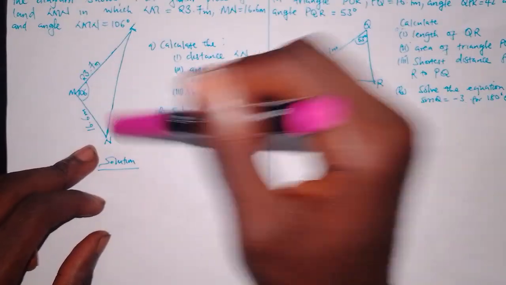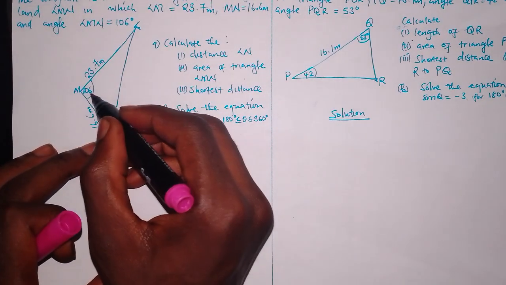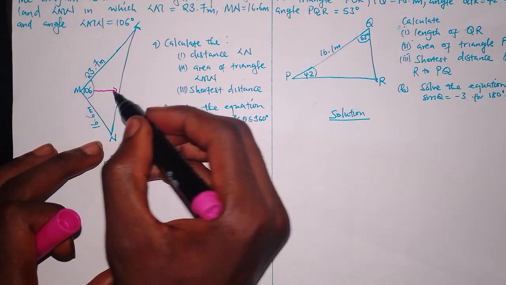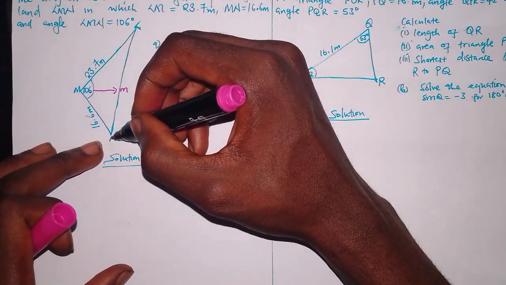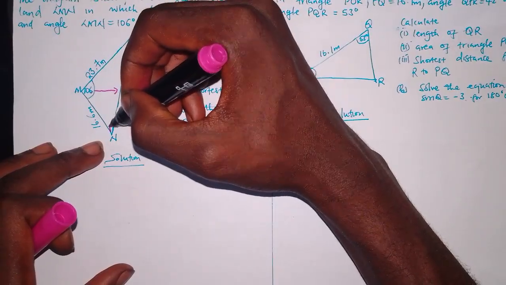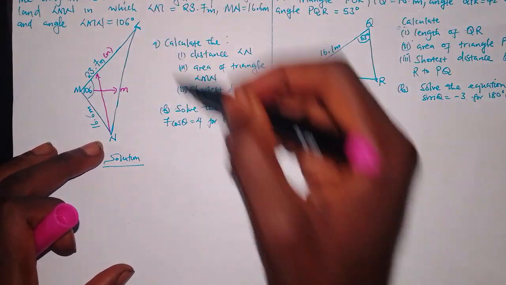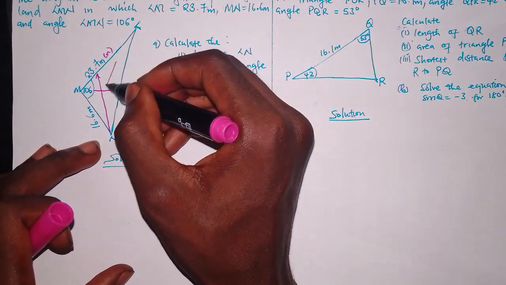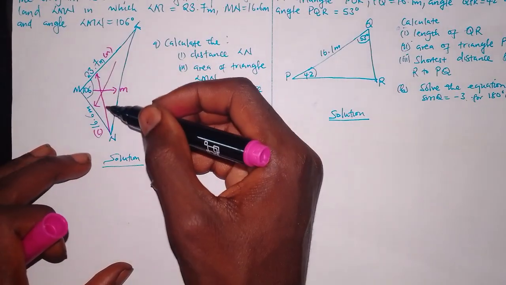Between the two sides. So the first step is you have to write the small letters opposite the capital letters. What do I mean? Since we have M here, the opposite side we have a small m. And since here we have n, meaning the opposite side we have what? A small n. Then since here we have L, meaning the opposite side we have what? Small l.